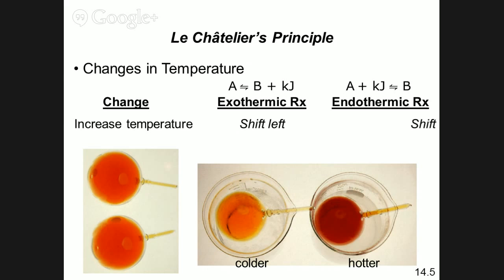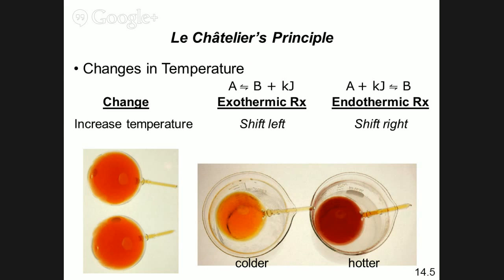On the other hand, if it's an endothermic reaction, where the kJ is now on the reactant side, it's going to shift right because the B side in this case is the side that doesn't have the energy or heat connected to it. So increasing temperature always goes to the side that doesn't have the heat or energy part to it. And usually there'll be some number there, like 69 kilojoules or 400 kilojoules or something like that.